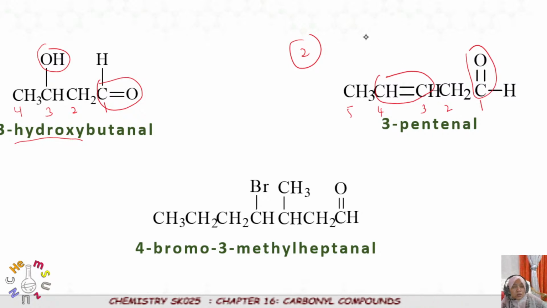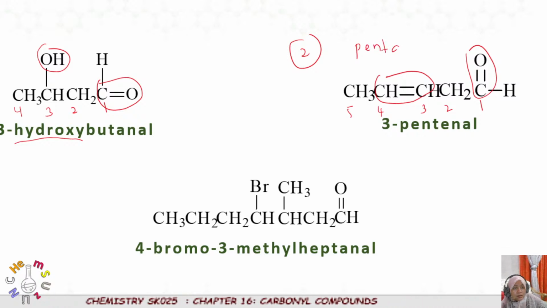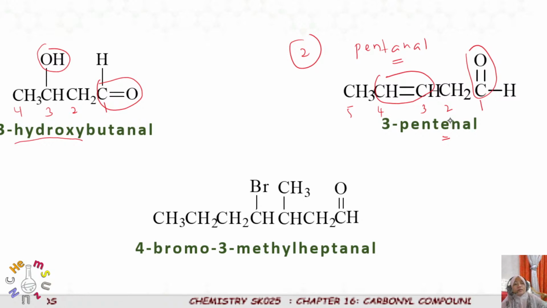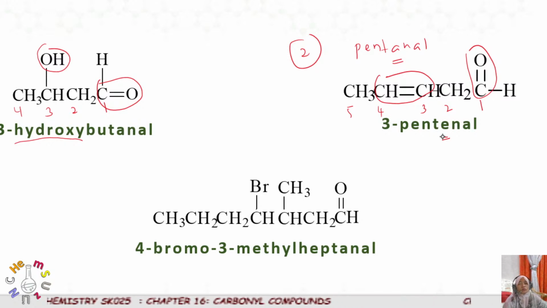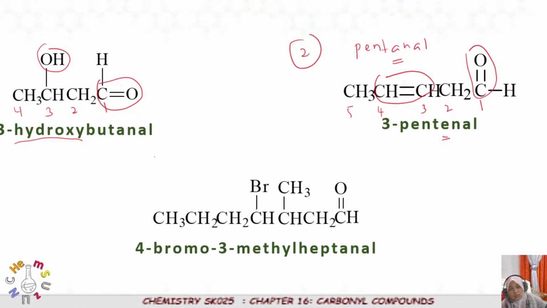Supposedly we would give the name pentanal, but because we have a carbon-carbon double bond at carbon number 3, the A is changed to E. The E shows that at carbon number 3 we have a carbon-carbon double bond.